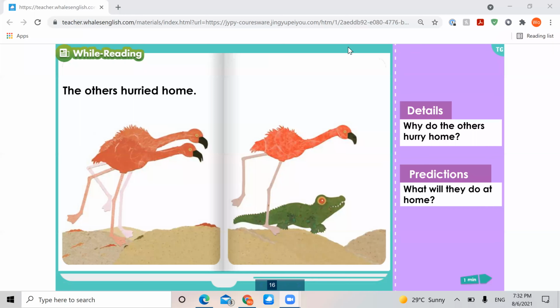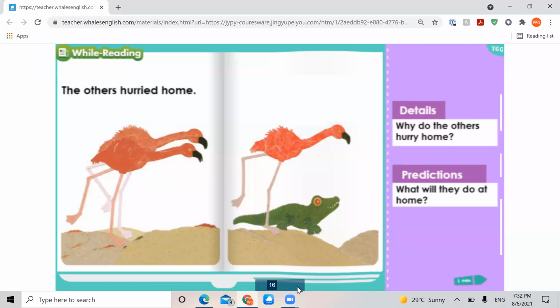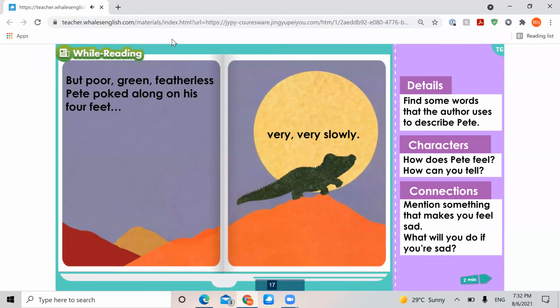Yes, probably going to sleep. Let's read the next page. But poor, green, featherless Pete poked along on his 4 feet, very, very slowly.